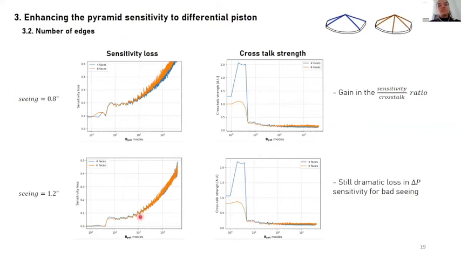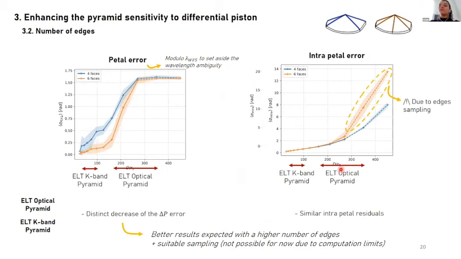The sensitivity loss due to the presence of residuals in the wavefront is unchanged. But once again, we have a gain in the crosstalk, which is good for our purpose.